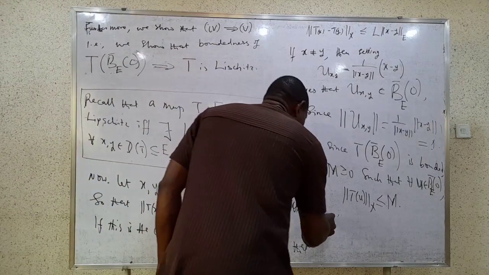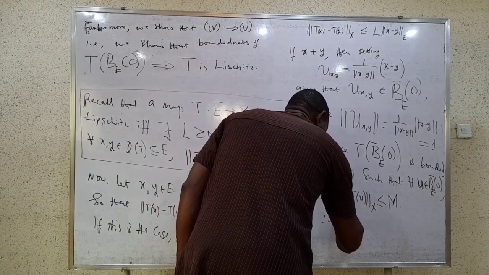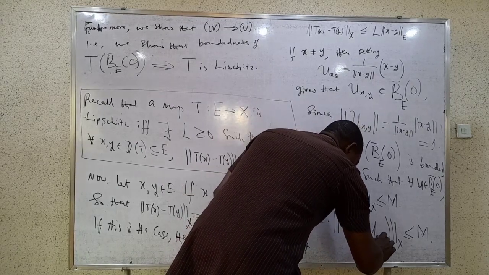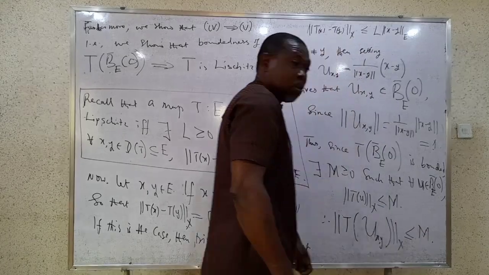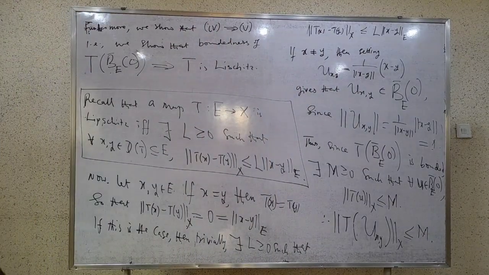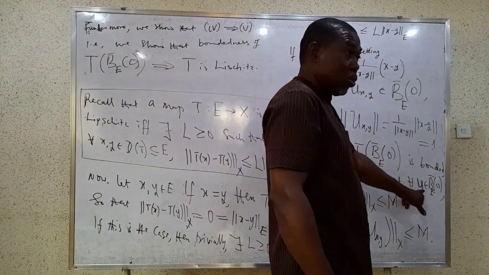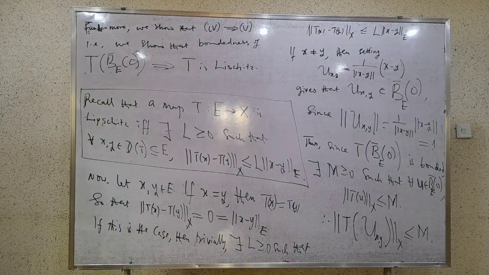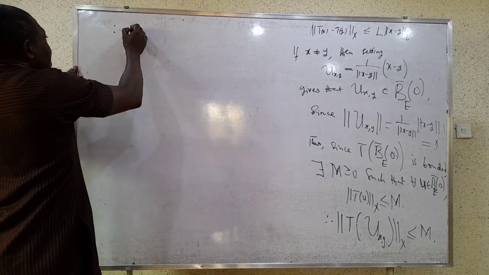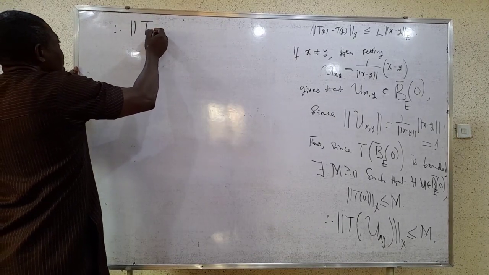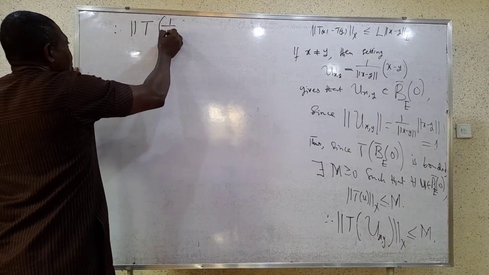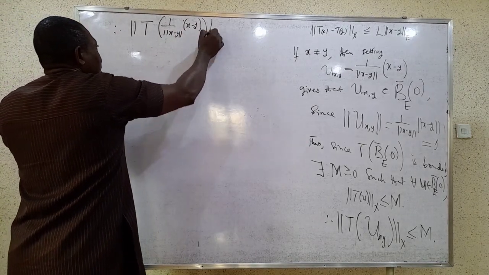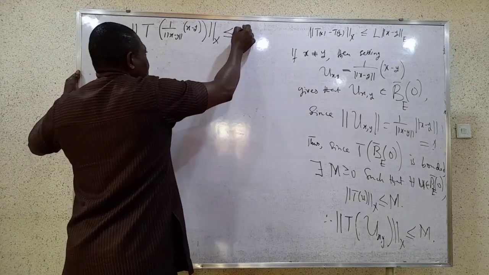This means therefore that norm of T of u_{x,y} is less or equal to M, because u_{x,y} is one of such u's here. This means therefore that norm of T of 1 over norm of x minus y, times x minus y, is less than or equal to M.